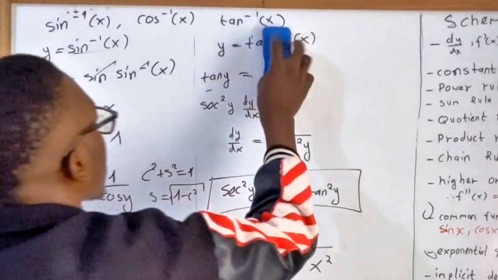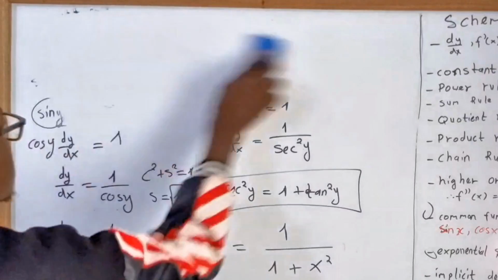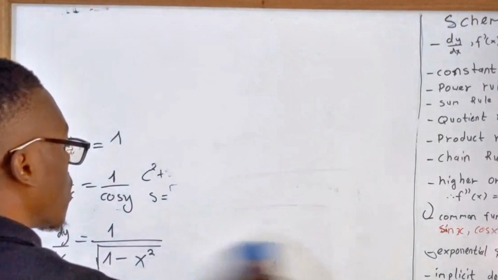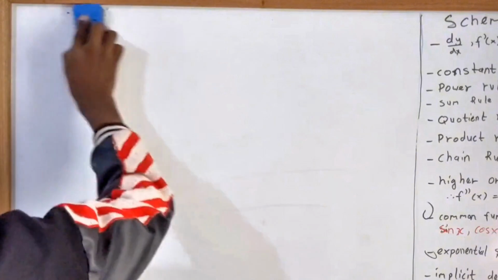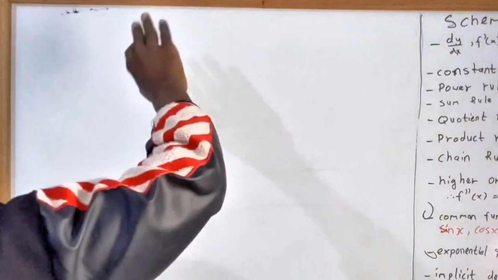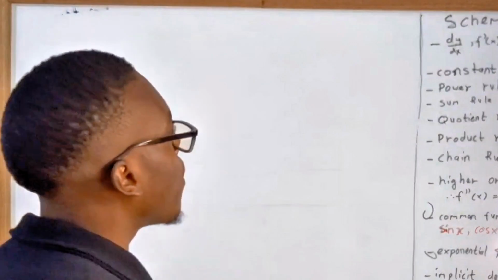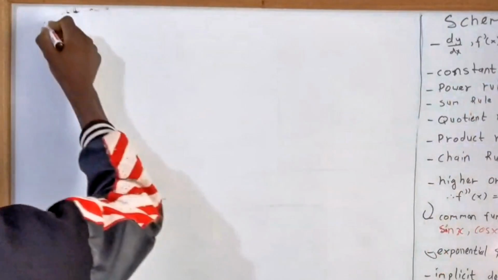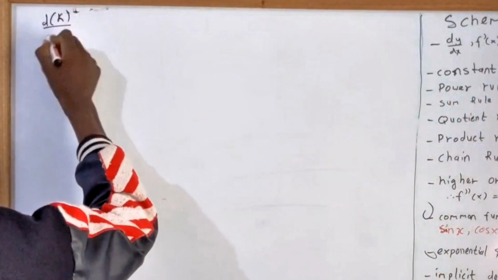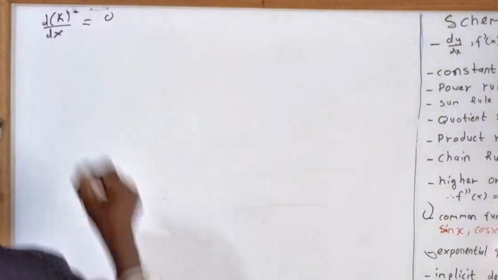Okay, let's erase all and do some basic derivatives and basic questions. We are going to do some random questions starting from the beginning, that is the constant rule. For a constant k, this is just a recap, the derivative of k is equal to 0.